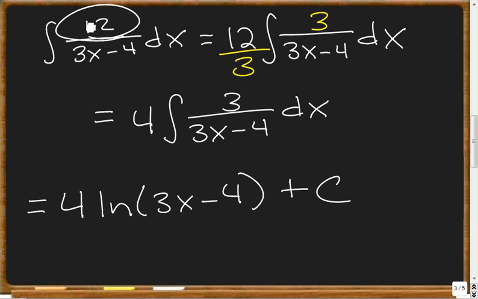Always take your original coefficient, move it outside, and then adjust, like we did right up here, for whatever the derivative of our denominator is going to be. And this is when we have x to the negative 1, or we have an x to the 1 in the denominator of our problem.